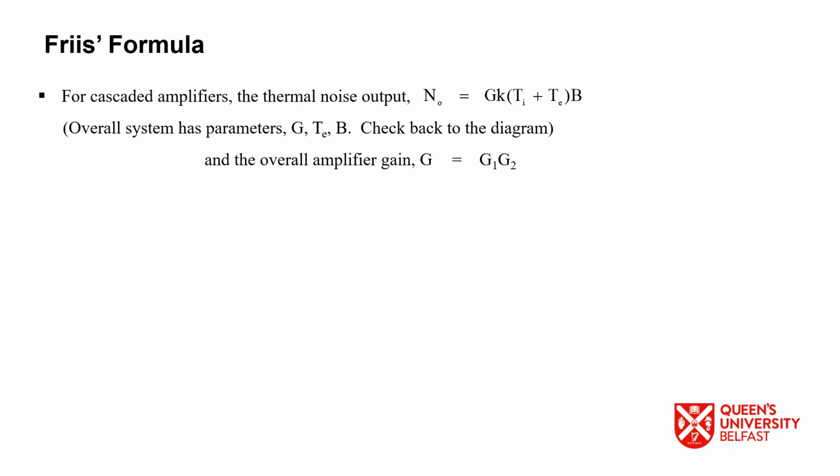For a cascade amplifier, the thermal noise N naught is equal to G K (Ti plus Te) B. The overall system has parameters G, Te, B.